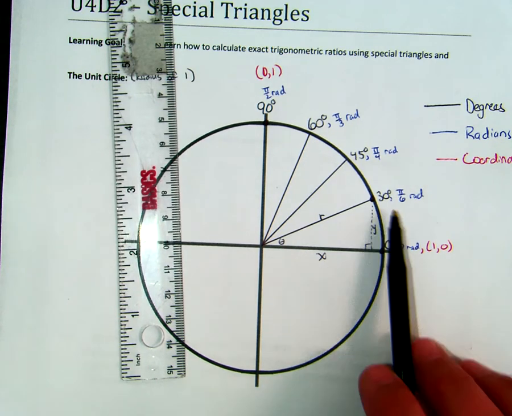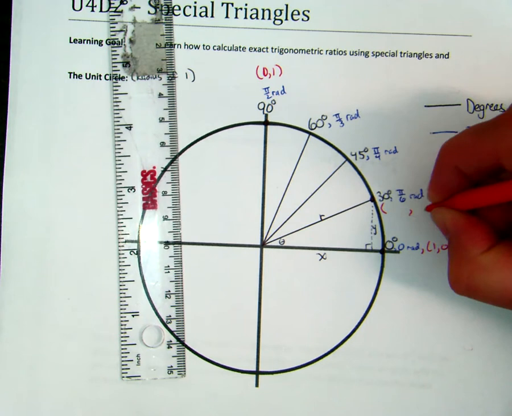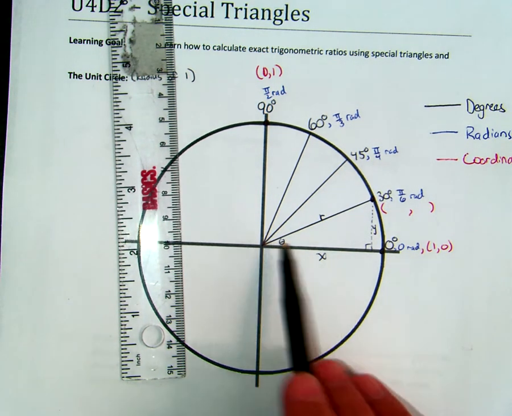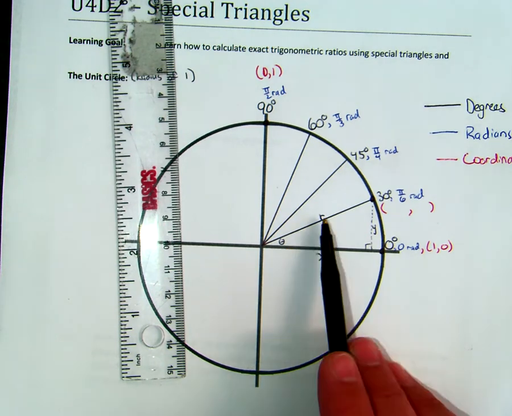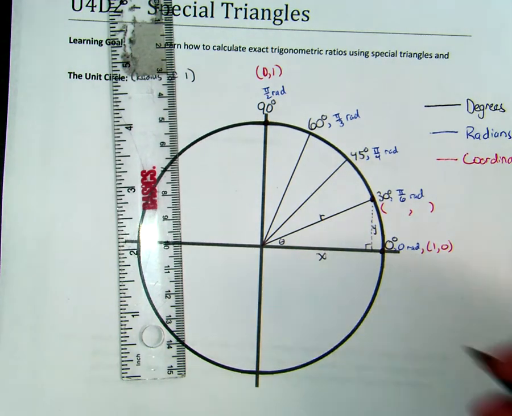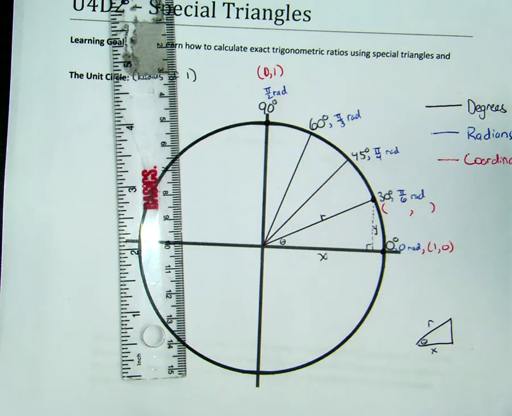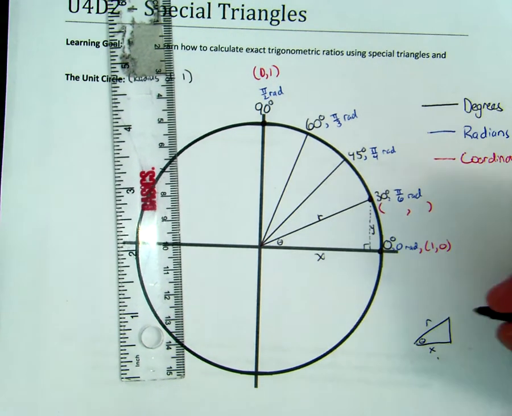So if I want to figure out the first coordinate here, I need an x coordinate and a y coordinate. If I want the x coordinate, I would use x is adjacent to theta, and r is the hypotenuse. So if I wanted to work that out, I have r, theta, and x. I've got adjacent over hypotenuse, so that would be cos. So I would be using cos theta is x over r.